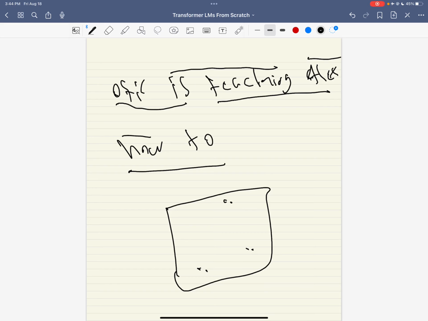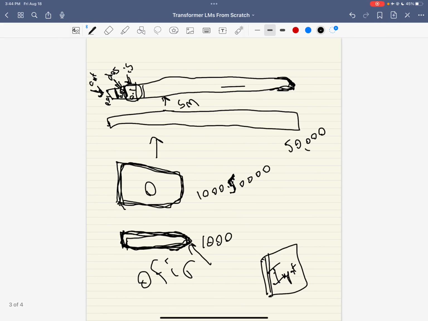So the model learns to map similar words in the input space to similar places in vector space. That's because similar words lead to similar outputs here. If I told you that the current word is Ophir, the output distribution is going to be very similar to if the current input word was Alex.